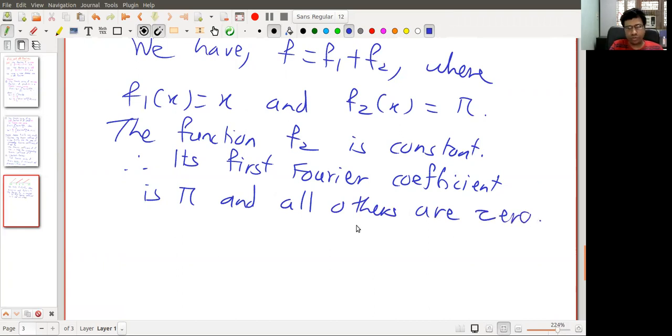That means all other Fourier coefficients are 0. So when we find the Fourier coefficients of f, we have to add the corresponding Fourier coefficients of f1 and f2. Now we have seen that for f2 there is only one Fourier coefficient which is non-zero, that is the first coefficient. So a0 of f1 should be added to a0 of f2, and all other terms are from f1 only.